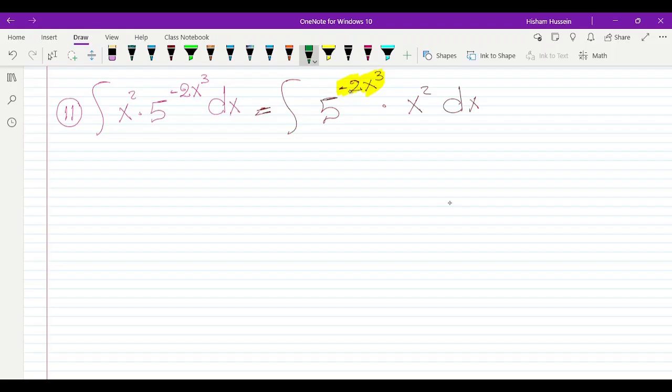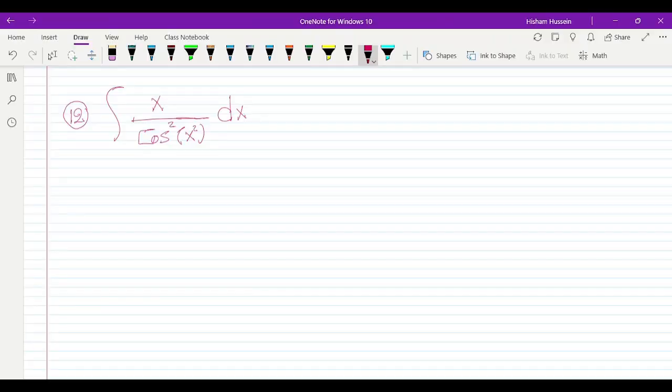The derivative here is negative 6x squared, so just multiply by negative 6 and divide by negative 6. So the integral in this case will be negative 1 over 6, 5 to the power negative 2x cubed divided by ln 5, plus c.